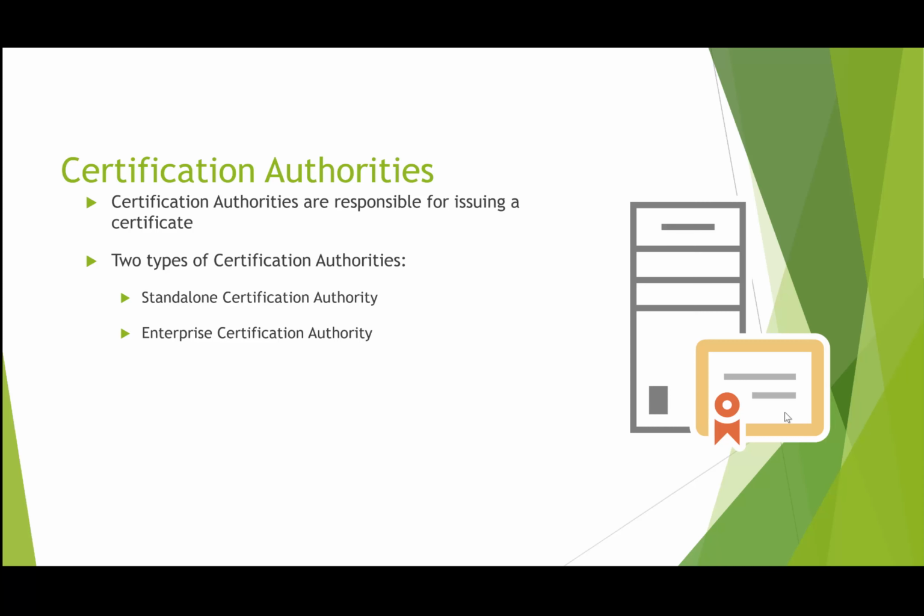It's just typical that if you do have an offline root, it would typically be a standalone certification authority, because an enterprise CA would require certificate templates, which requires Active Directory. And since it's offline, there's not really a possibility for Active Directory integration. So these are the two ways that you will refer to different CAs based on whether they use certificate templates or not.